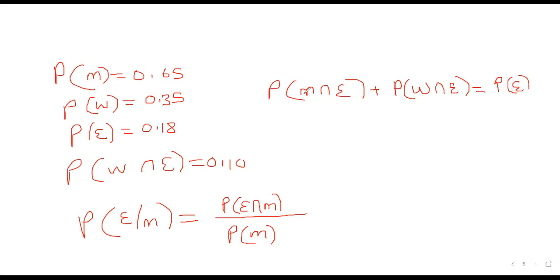So what is the probability of a man extends? We don't know. It's what we want here. But the probability of a woman and the extension we know is 10%. And the probability of just an extension we have is 18%.